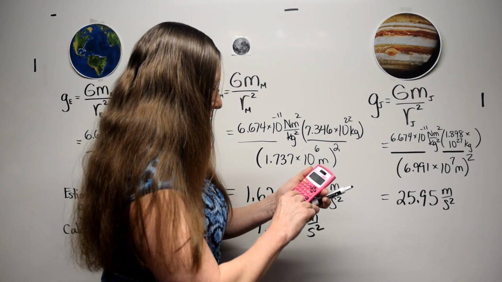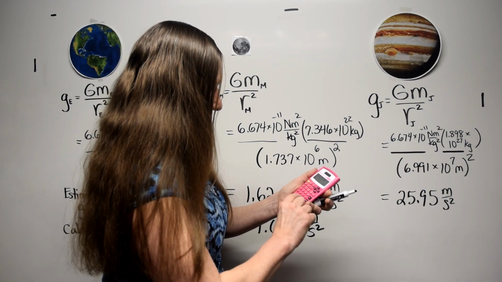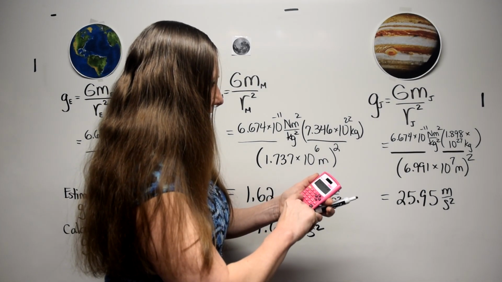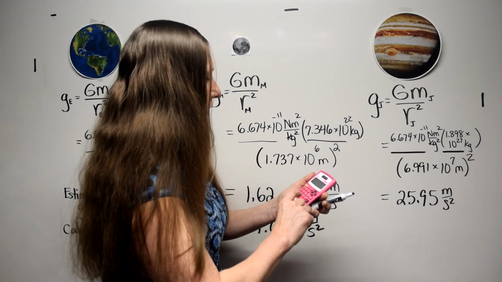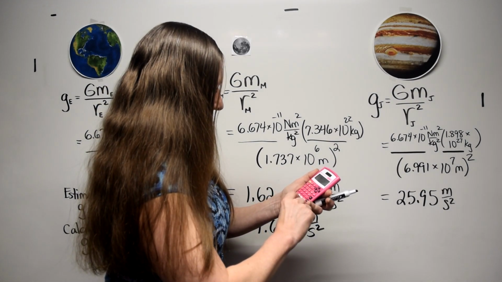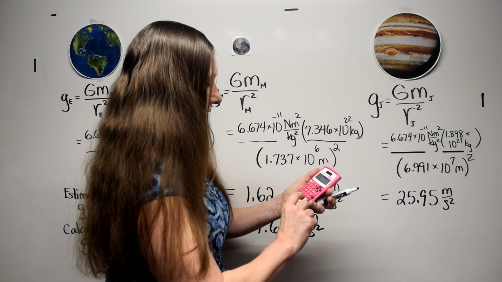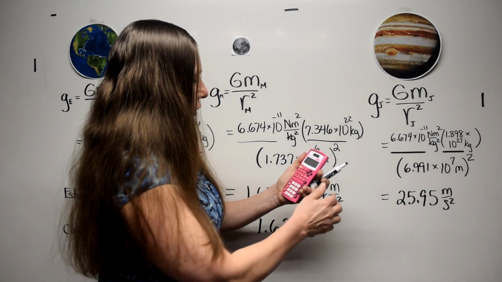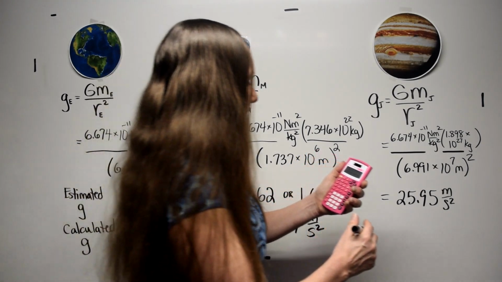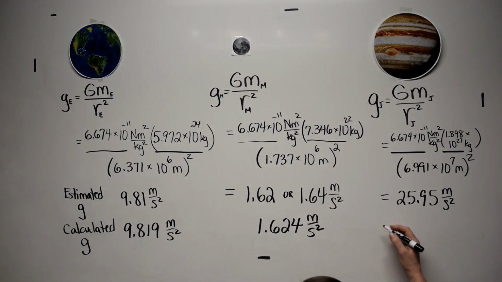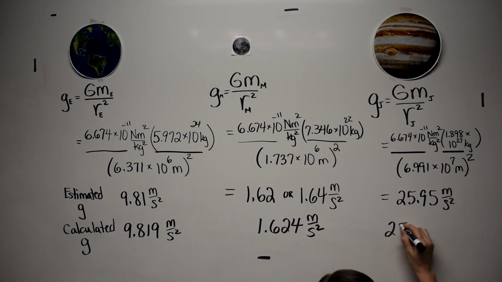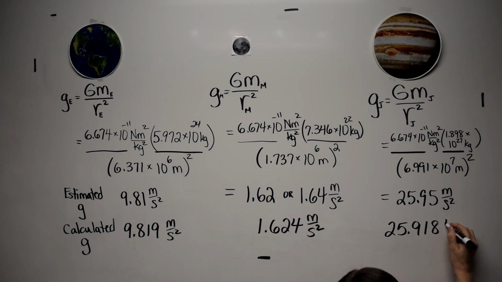Divide that by, open the parentheses, 6.991 to the 7th power. Raise that to the second power, square it, close the parentheses. 25.918. 25.918 meters per second squared is what we're getting.